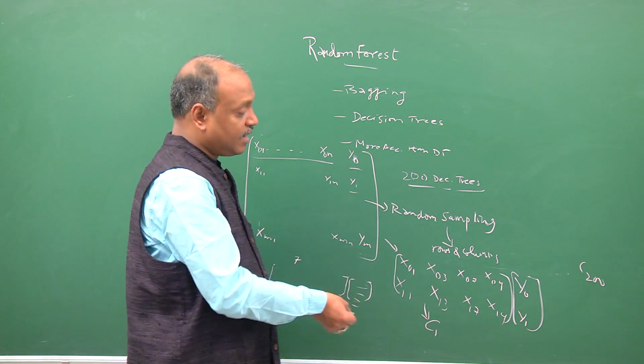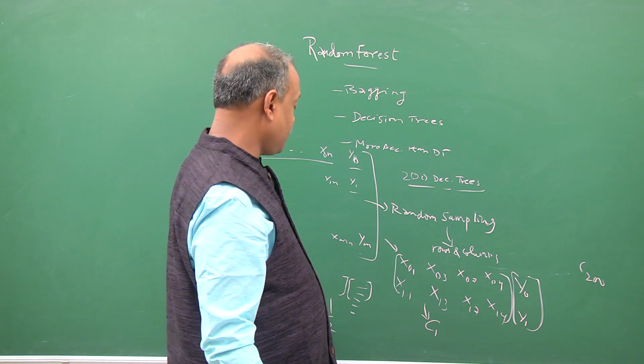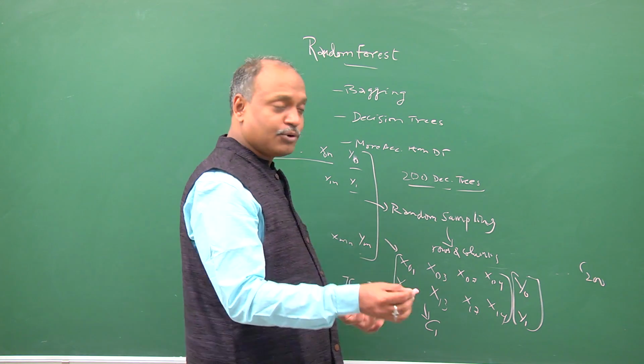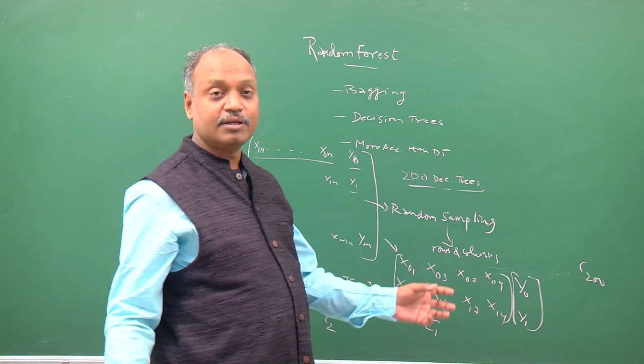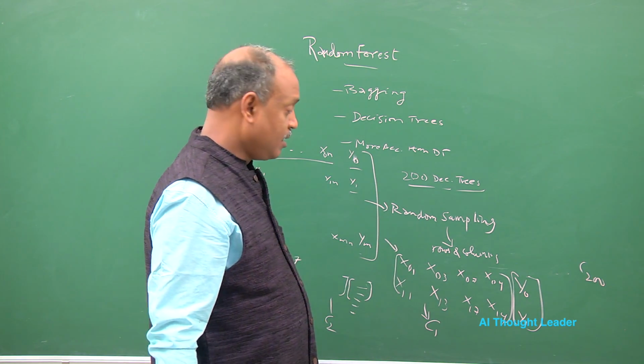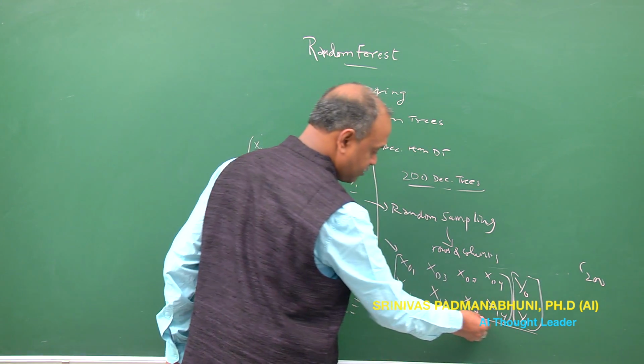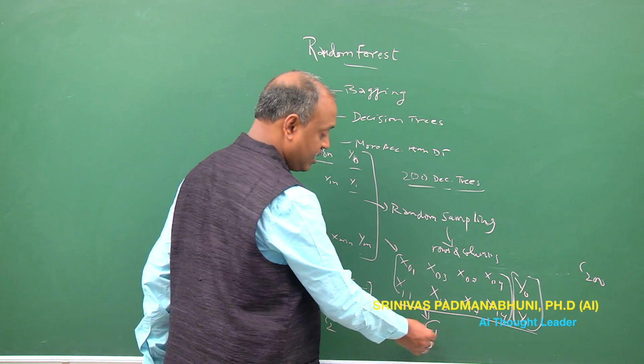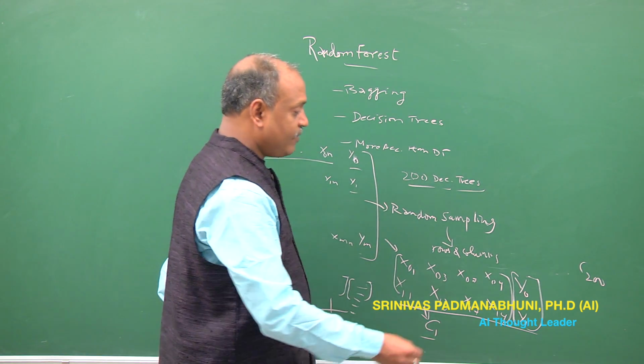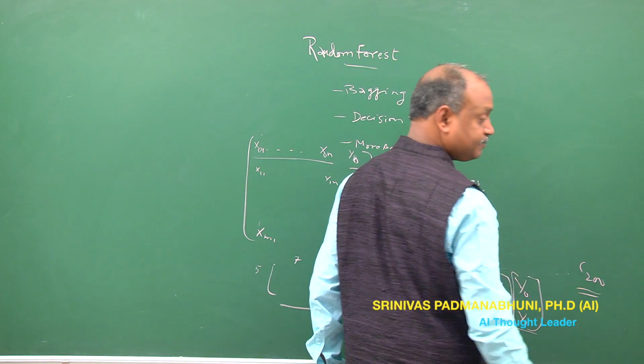You can continue to do the draw 200 times, but depending upon whether you do it with or without replacement, you can get different subsamples from the original data. Then you run classification for each of them, because each becomes a small classification problem by itself. So you have ultimately 200 classifiers.